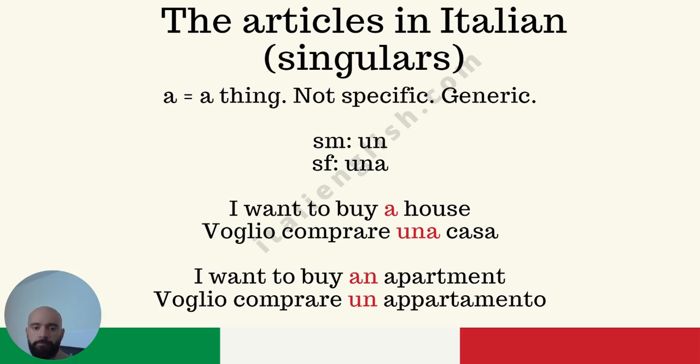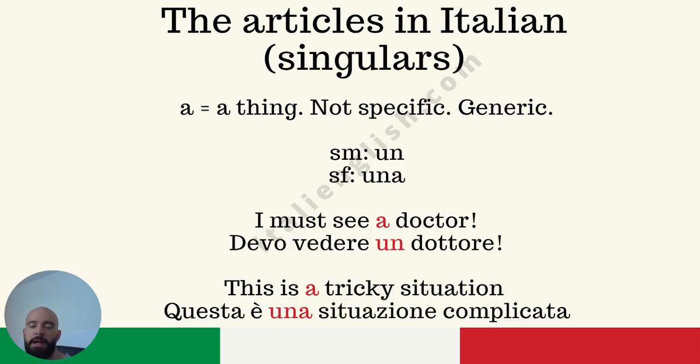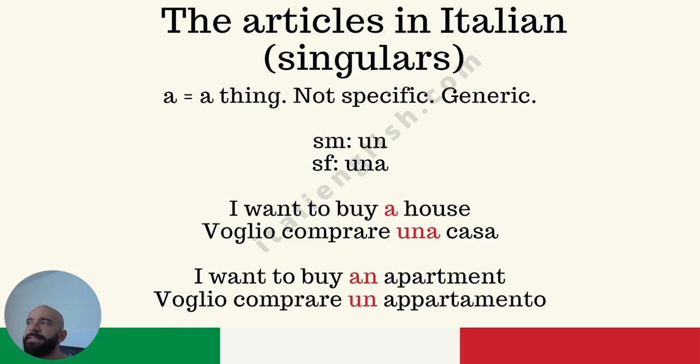Okay. Now, do you remember, and I hope so, that in the previous video I told you that there is at least a big exception in Italian when it comes to gender and number, which was the exception of those nouns that in singular end up with e, and in plural end up in e.